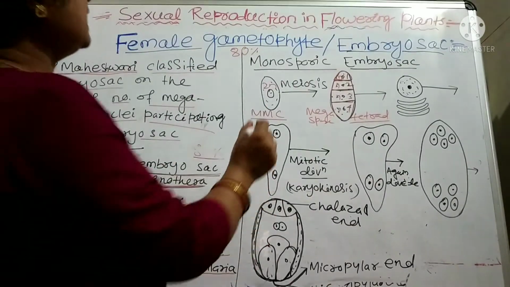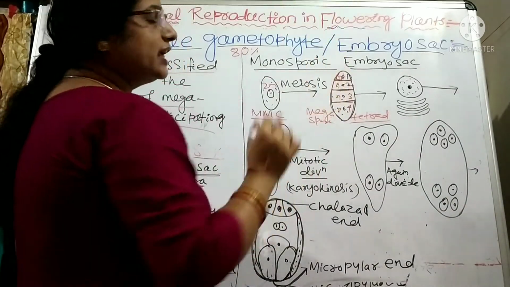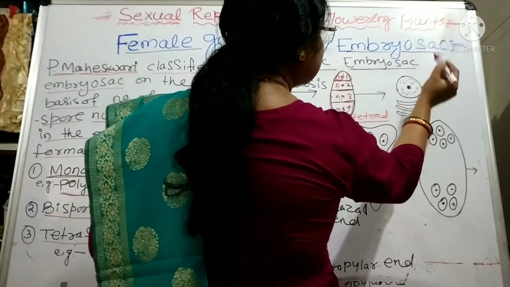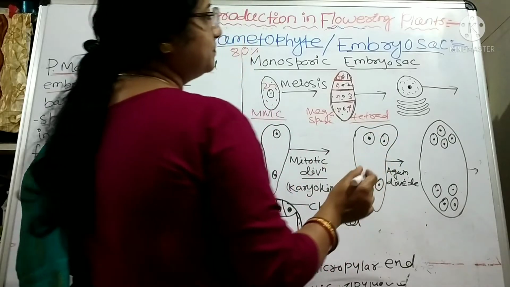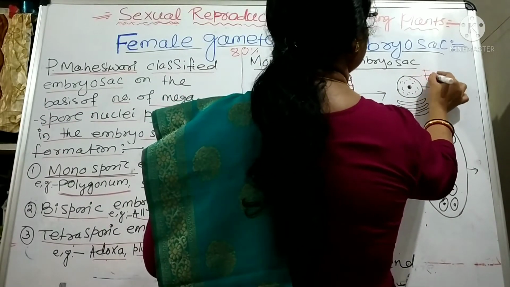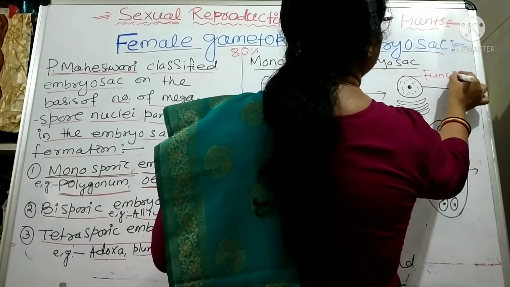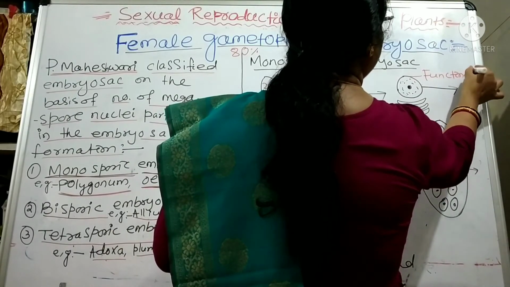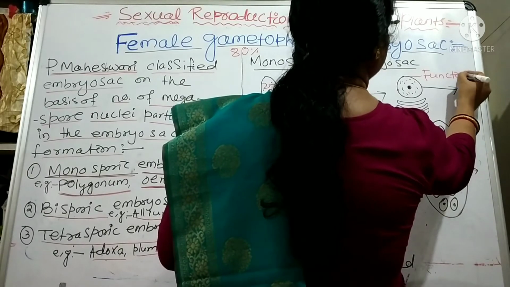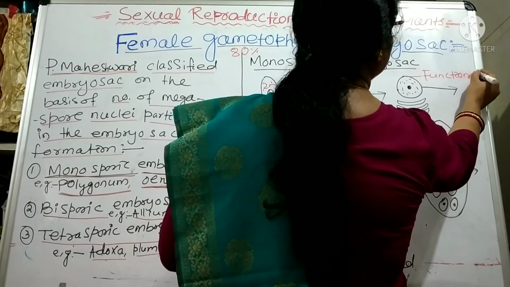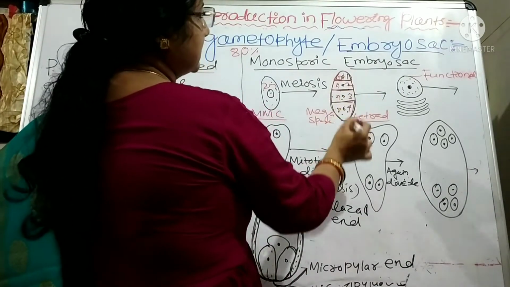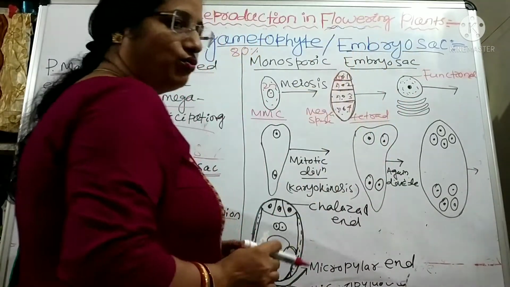In monosporic embryo sac development, only one cell is functional, and the other 3 cells degenerate.